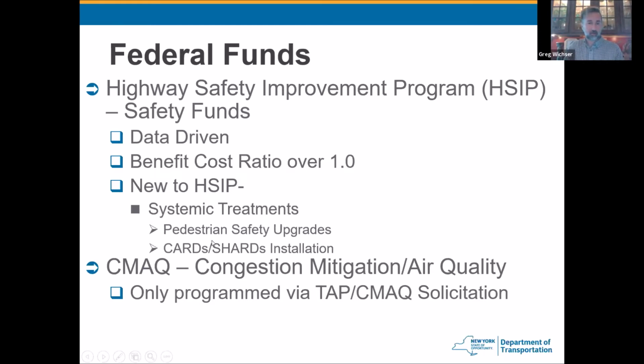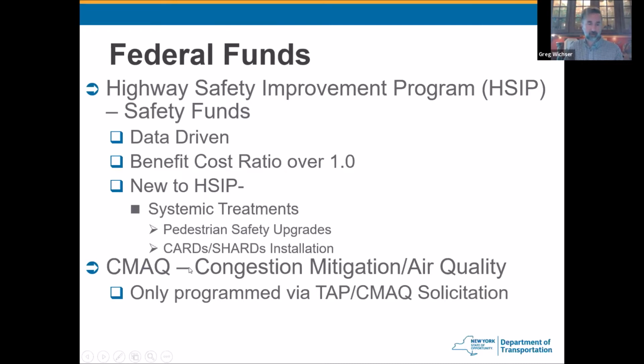And then the other one are what they call cards and shards, which are centerline audible roadway detectors, basically rumble strips down the center of the road, and shards or shoulder rumble strips, which are used in isolated locations. Both are meant to basically alert drivers when they're departing their lane and prevent collisions, either head-on collisions or roadside. Those don't need any analysis to use HSIP.